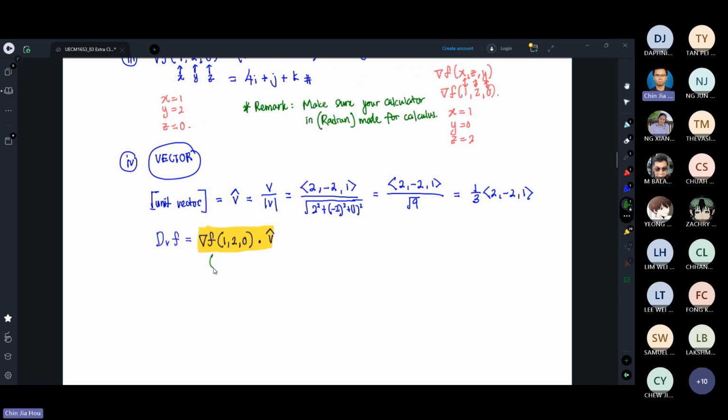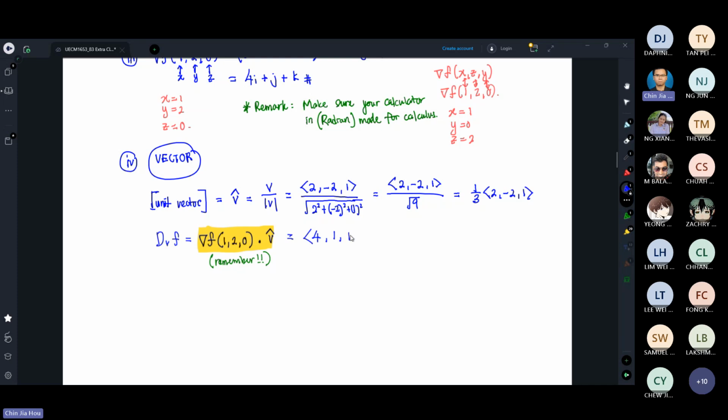So I put a remark here. Remember, we already have the 4i plus j plus k from the previous part, right? So for calculation, again, I prefer not to use the IJK version. I prefer to use a pointy one.